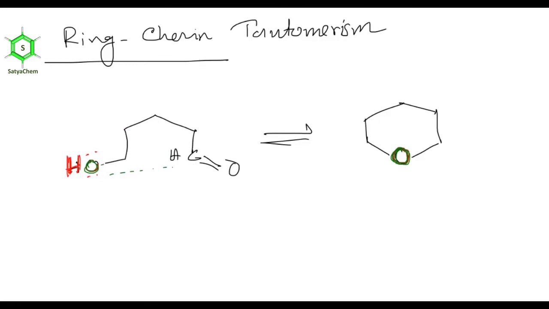Now as this hydrogen gets shifted to this oxygen, actually this is a hemiacetal. Obviously I will post videos on acetal and hemiacetal chemistry. That is very unique. So this is ring chain tautomerism.